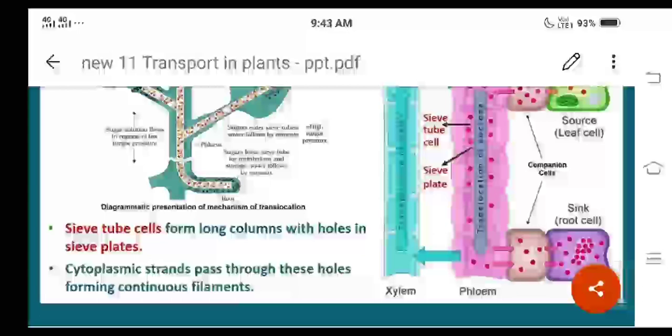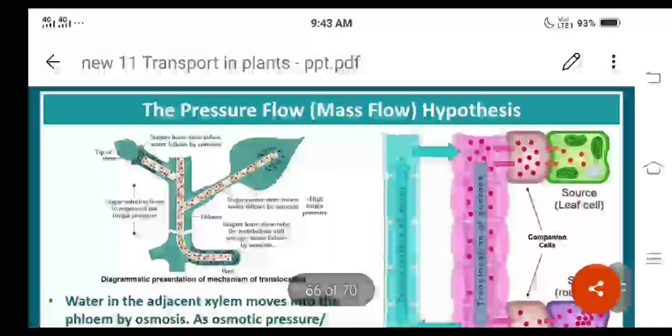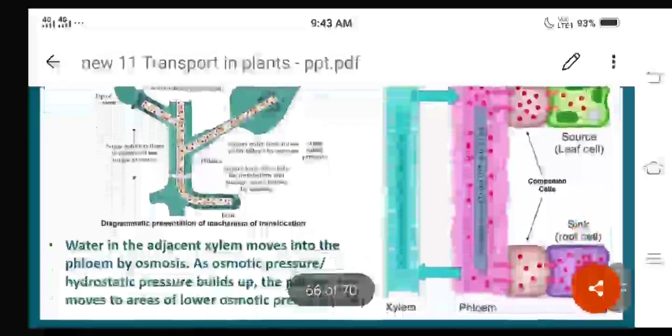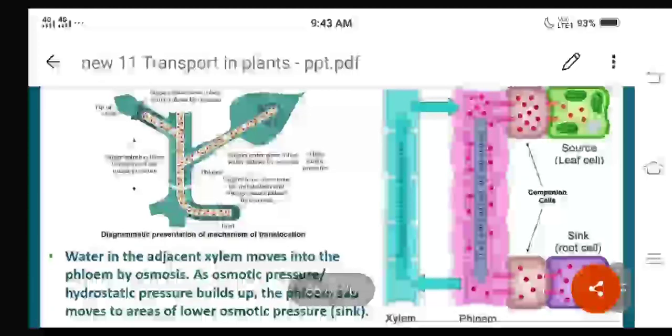Next one is, after the addition of sucrose into the phloem or into the sieve tube, at the adjacent side, what will be there? Xylem will be there. In xylem, always water content will be there, right?